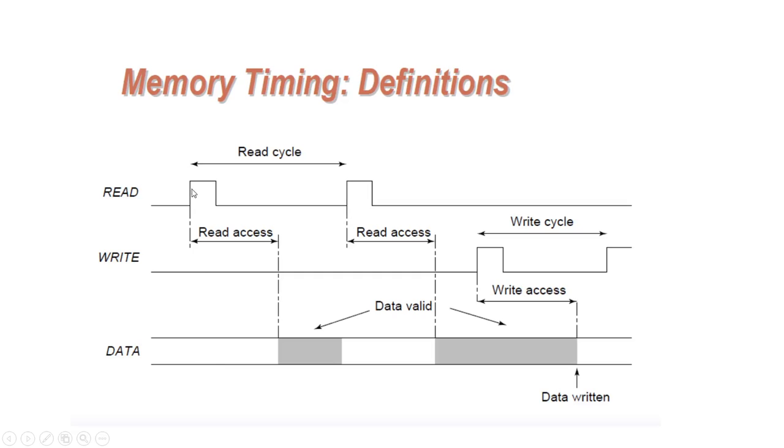Once the read request is received from an external signal, it will pass on to the memory and ensure that the data is ready after some time from the reception of this read request signal. Once you get the read request signal, some time is required to access the data from the exact point where it is located. So this is read access time, the minimum time required for the memory to give access to the data that is available upon getting the read request.